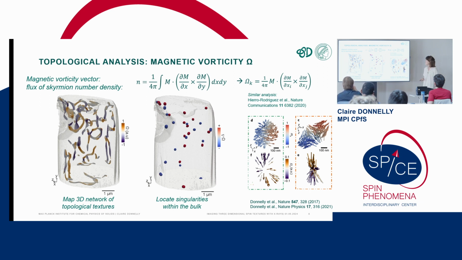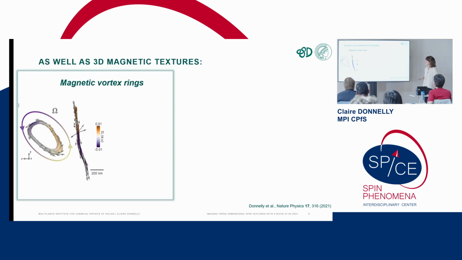As well as mapping out different types of magnetic configurations in 3D, this technique also allows us to identify different types of 3D textures that we have observed in these systems. First of all, one particular texture we've been able to observe were these magnetic vortex rings, formed not of skyrmions but of vortices and anti-vortices. What's particularly nice here is that because we have our vector field, we can directly apply some of the analysis techniques mentioned earlier.